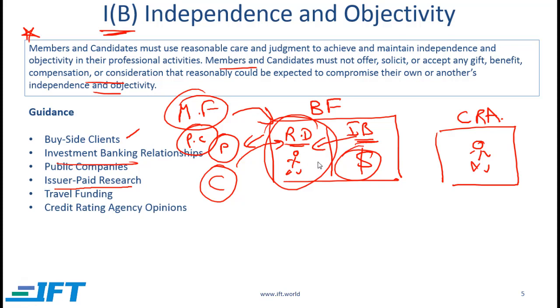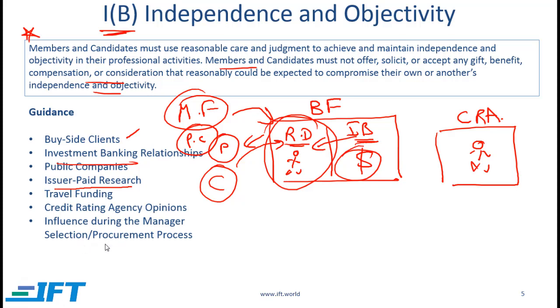Now, just the way you can be influenced, or there is a potential for external entities influencing you, similarly, there is the potential of external entities influencing your friend. Your friend is issuing reports or essentially giving a grade to the various bonds, and the issuer, the companies which are issuing the bonds, would want favorable reports and might try to influence your friend.